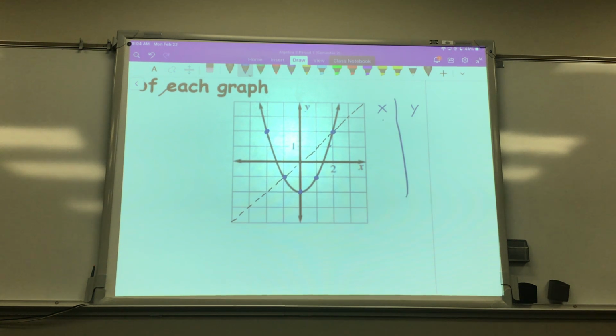This would be the original function. And we got (-2, 2), (-1, 0), (-1, -1), (0, -2), (1, -1), and then (2, 2).